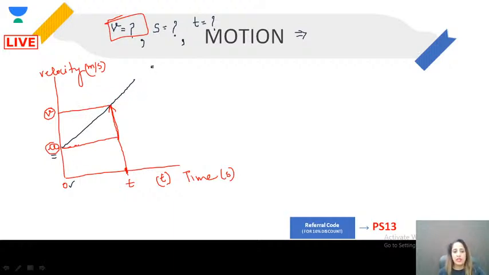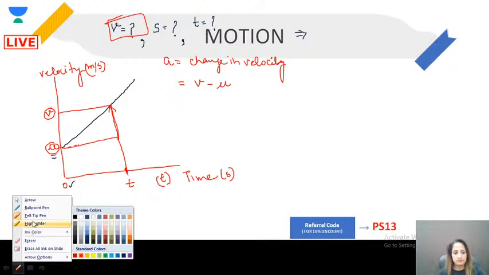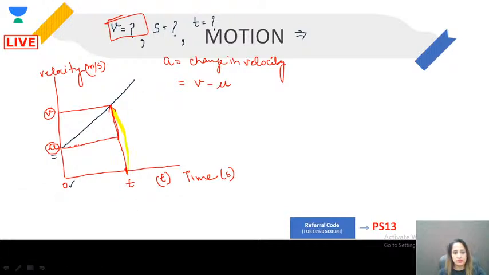So we know that acceleration is what? Change in velocity. So how much change is there? Change in velocity is v minus u, means the total velocity, this whole thing was v.